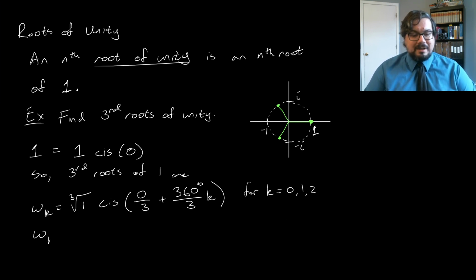Of course, this simplifies down very nicely. This gives us w_k equals cis of 360 degrees over 3, which is 120 degrees, times k, for k equals 0, 1, and 2.